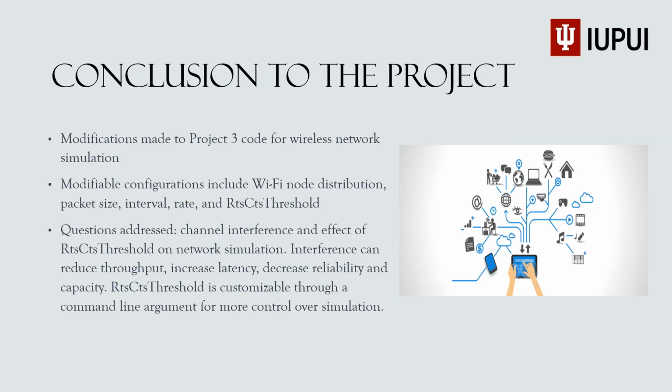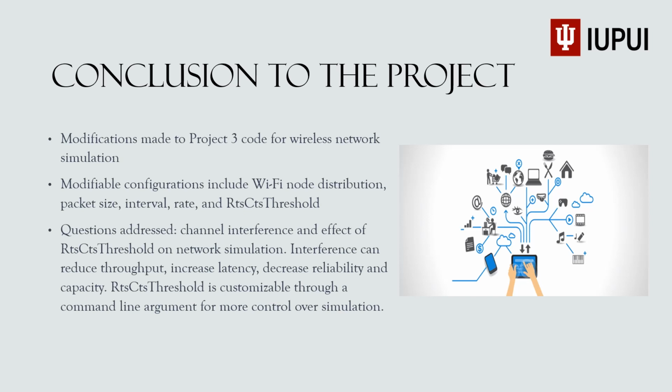This project has described the modifications made to the code from Project 3, which included additional configurations to enhance flexibility. The modifications included changes to the distribution of the Wi-Fi nodes, configurable packet size, interval, packet rate, and RTS-CTS threshold.